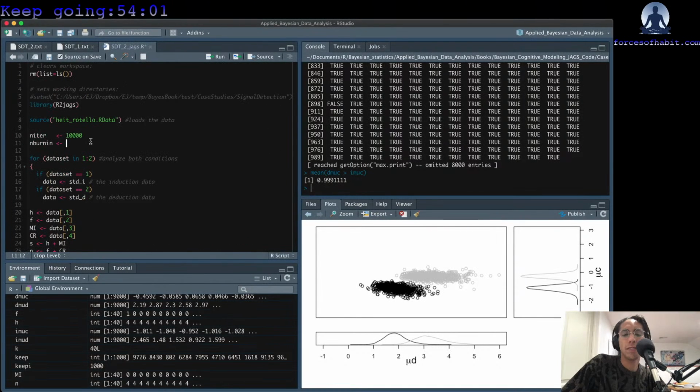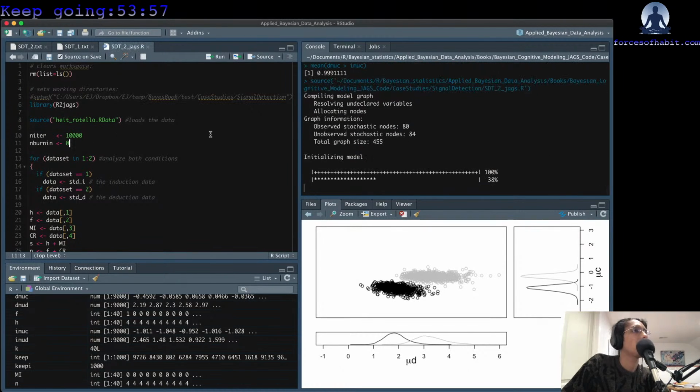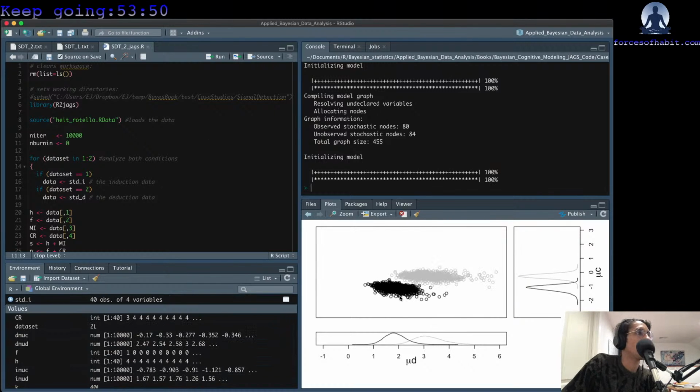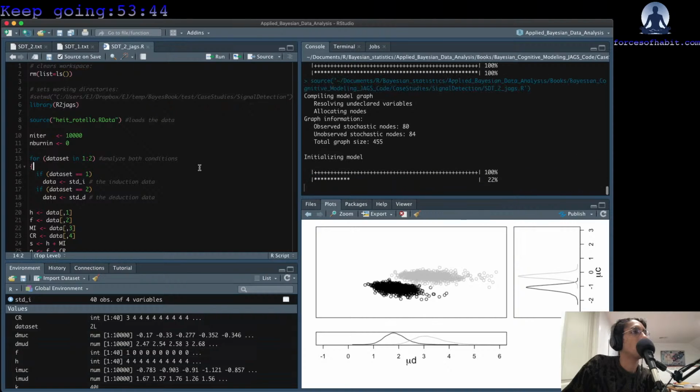So turn the burn-ins to 0. Run this again. And what this is going to do is induce autocorrelations between the two variables. Oh, I just also just don't get as vicious of results as they do.